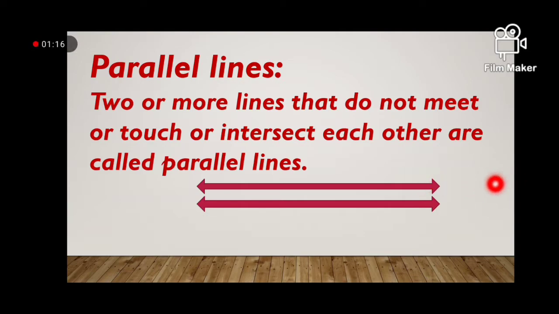They go on and on in the same direction or in both directions, but they will not intersect each other at any point because they have the same distance between them at every point. Next example which we have to discuss is non-parallel.